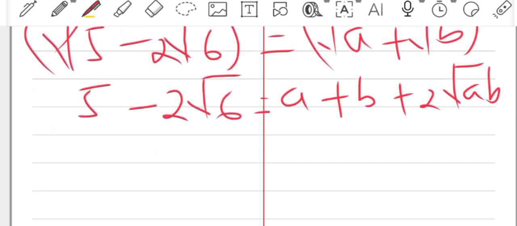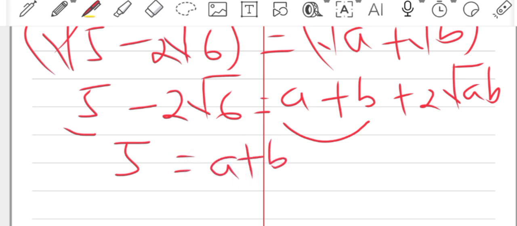The next thing we need to do is to compare the right hand side to the left hand side. You realize that this a plus b is equivalent to this 5, so we equate the two. So 5 is equal to a plus b, and that's our equation 1.